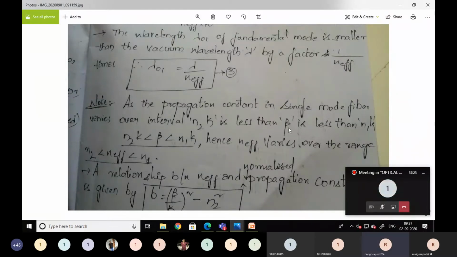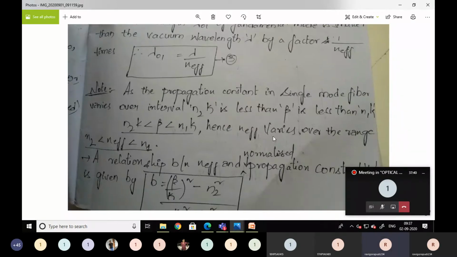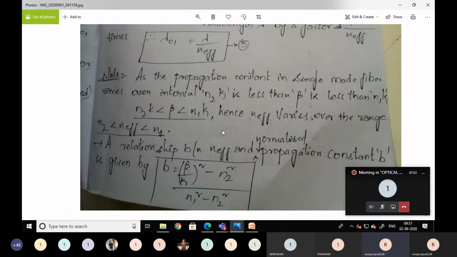The propagation constant in a single mode fiber varies in between n2 k and n1 k. Hence, N effective varies over the range n2 is less than N effective is less than n1.